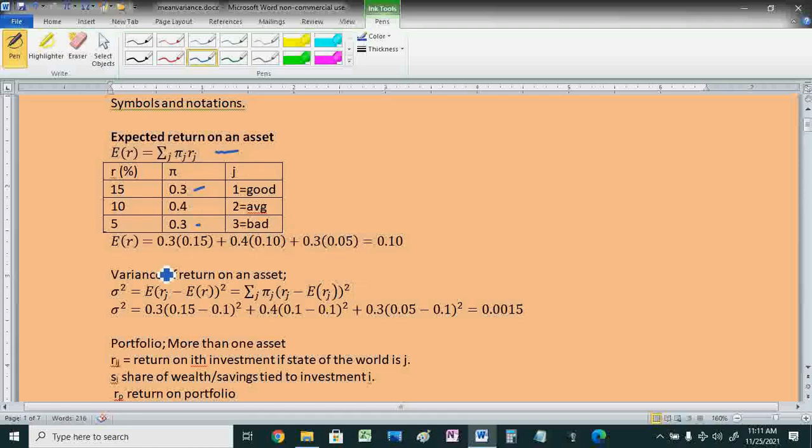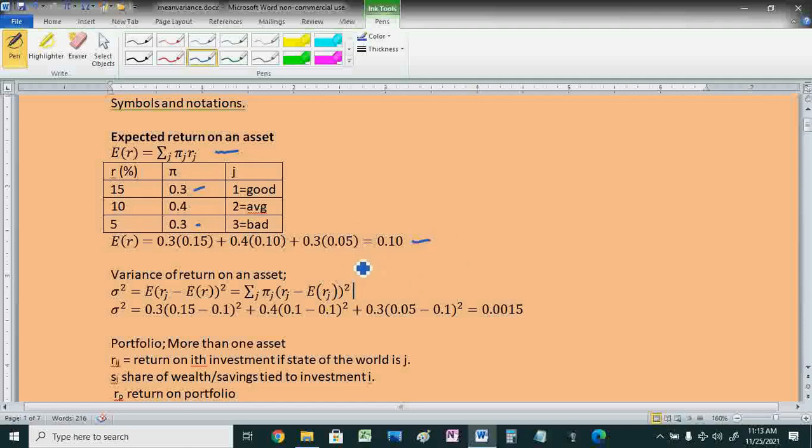For example, here I have 0.3 multiplied by 0.15, similarly 0.4 multiplied by 0.10, and finally 0.3 multiplied by 0.05, the 5% rate of return, and in this way I am able to get on this asset an expected return equal to 10% or 0.10.